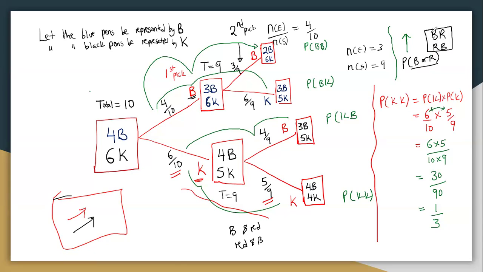The only difference is that the first person picked a black, and then the second person picked a red. In English, when we say black and red, it is the same as saying red and black. That is just the English thing. So when someone asks you black and red, it means that you have to add black and red plus red and black.